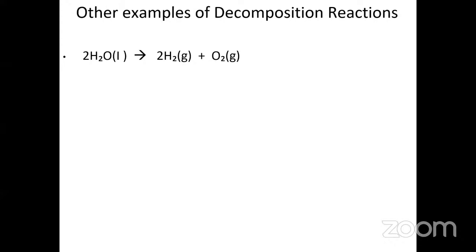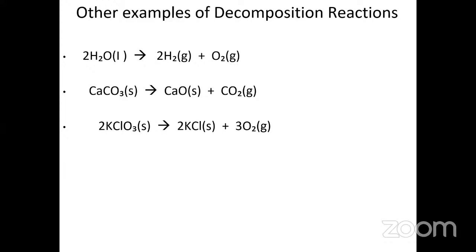Other examples: you can have water being broken down into hydrogen and oxygen gas. We could have calcium carbonate being broken down into calcium oxide and CO2. You could have potassium chlorate being broken down into KCl and oxygen.